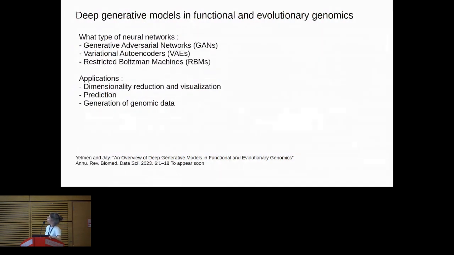And so, just a first note, we wrote a review on the use of generative models in functional and evolutionary genomics, which focuses on different types of generative networks and applications such as dimension reduction, prediction, or generation.